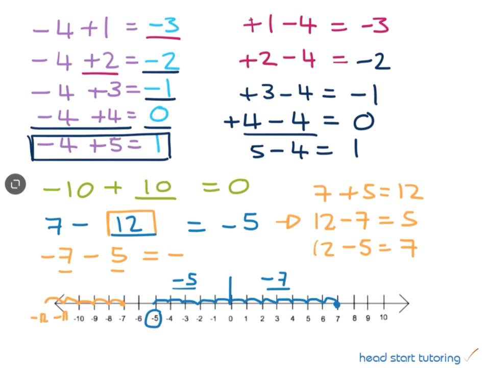So negative 7 minus 5 gives us an answer of negative 12, and that links to our 7 plus 5 equals 12. So that was a positive 7 plus 5 equals positive 12, and a negative 7 minus 5 equals negative 12. So start playing around with your number line and see if you can pick up all these sorts of patterns.